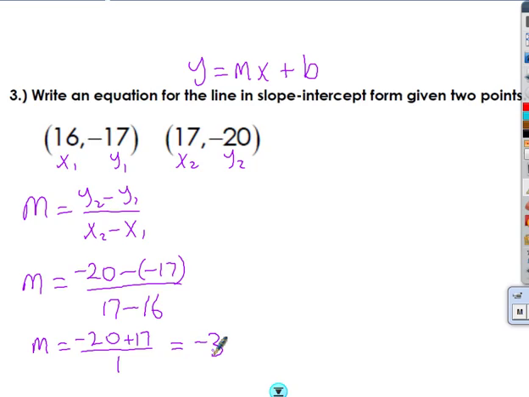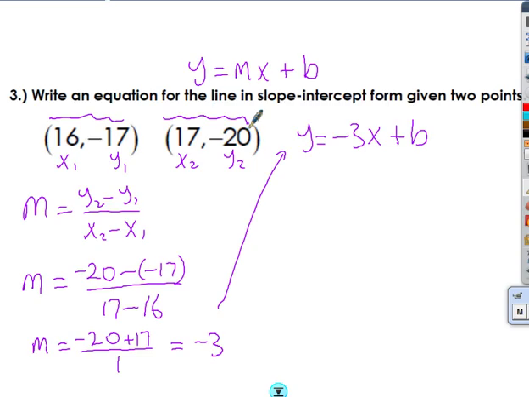Once we find our slope, now we can write the equation halfway. Y is equal to -3x plus b. We still don't know what b is. We will be able to figure out the b value by using either one of the points. I can use 16 and 17. It really doesn't matter which one to use.